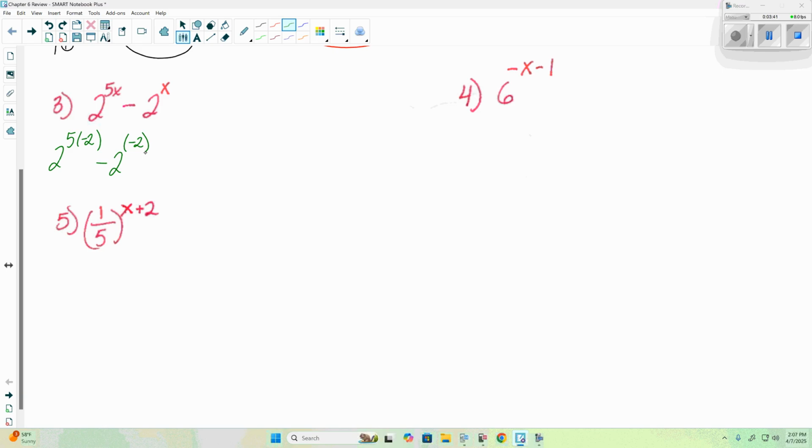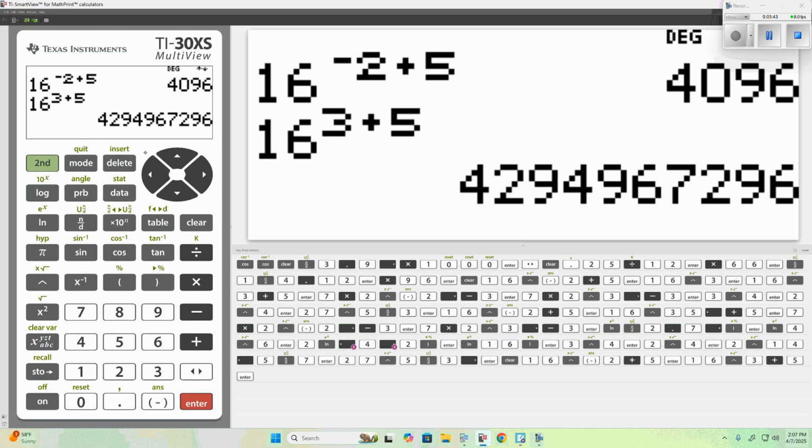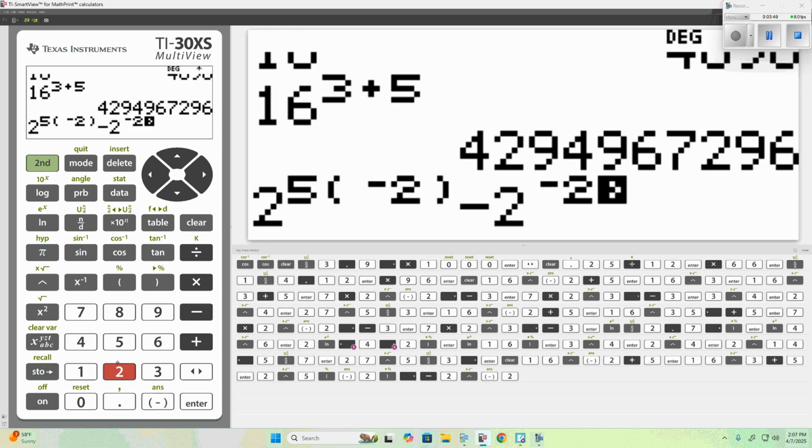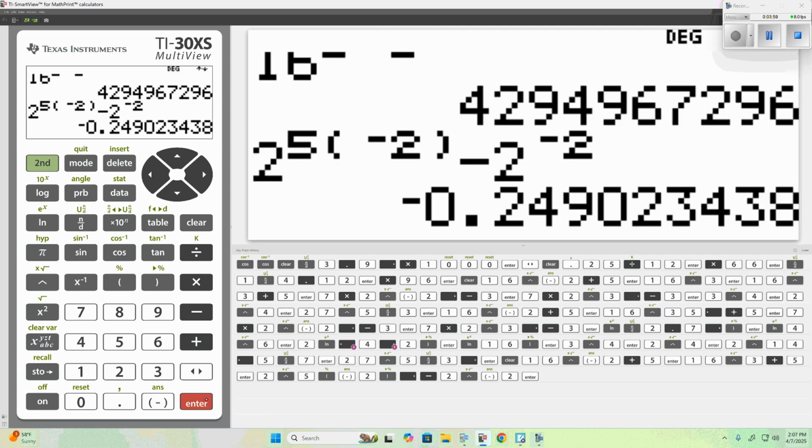So now I'm going to grab the calculator and say 2 to the 5 times -2 minus 2 to the -2. We typed it in exactly as it looked, and then we're going to hit enter. -0.249.